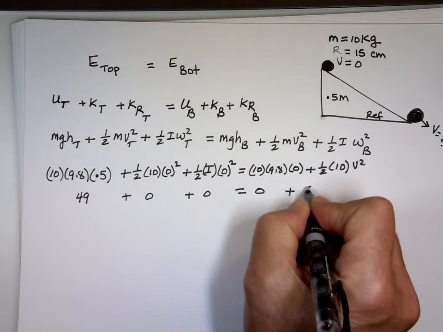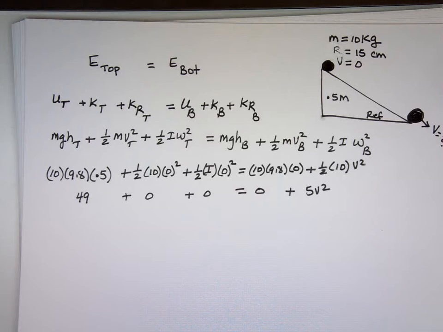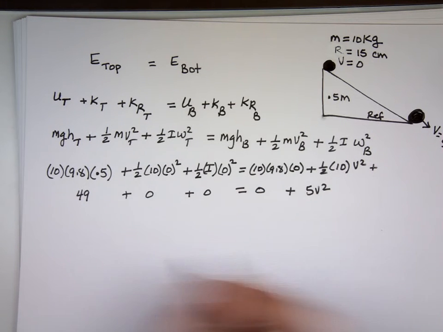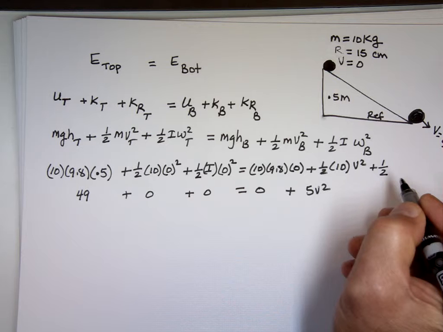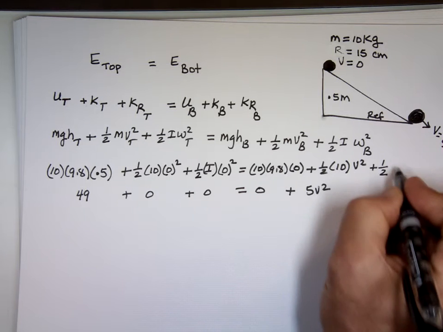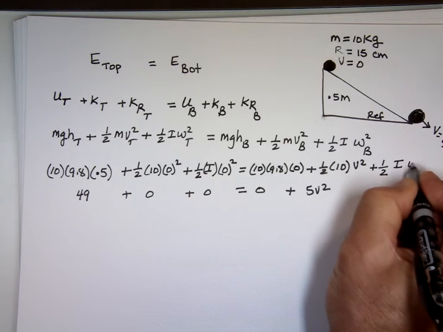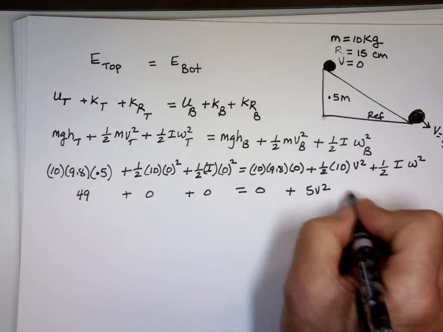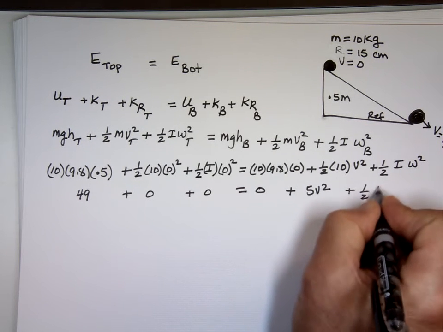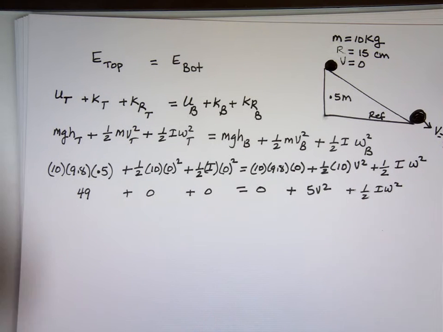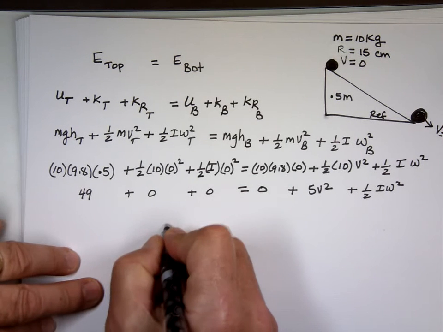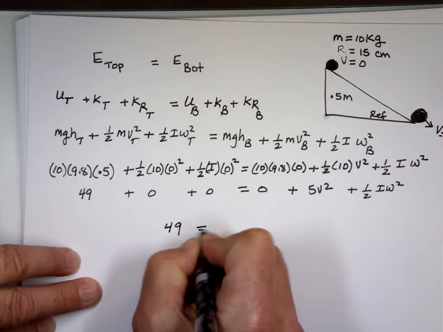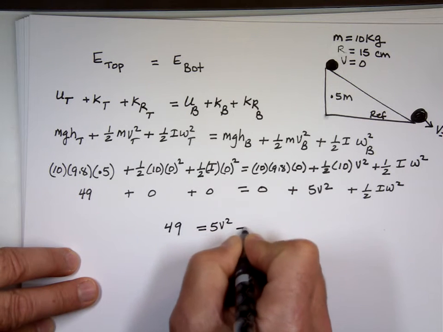That's 5V squared, plus 1/2 I ω squared. So that's what we have so far. Let's clean all the stuff that I don't need there because it's just clogging this. 4.9 equals 5V squared plus 1/2 I ω squared.